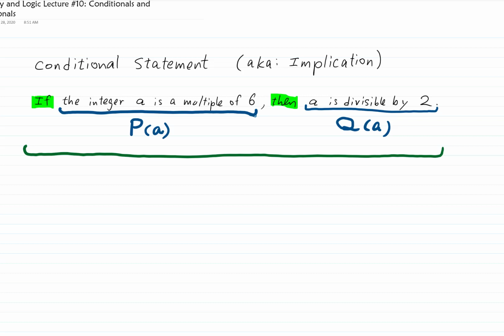Well, actually, that's no longer open. That is an actual statement. It is true or false. Okay? It is talking about the relationship between P and Q. So we could call that, well, the book calls it R.